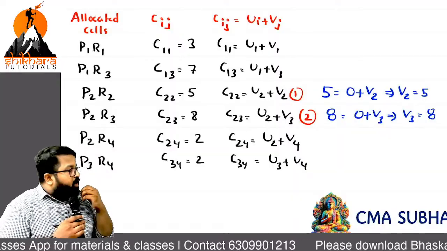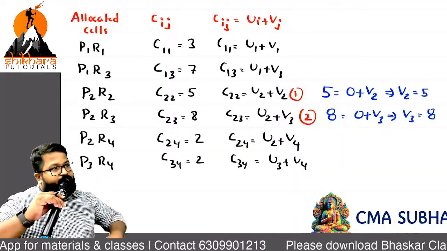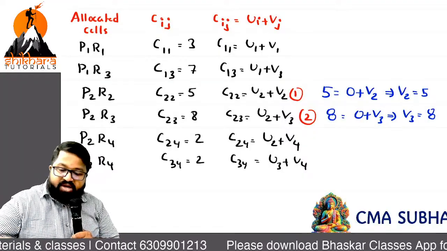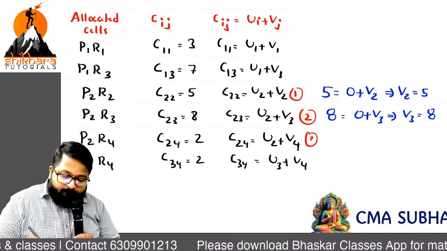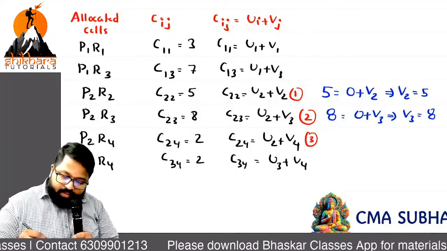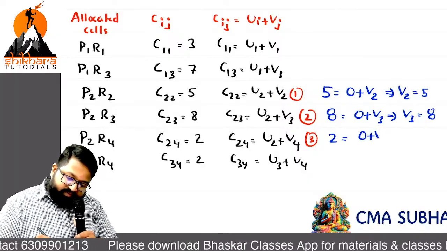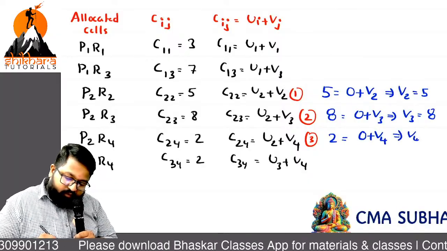How to solve the equations? Is it clear? If it is clear, we can also unlock equation number 3. That is 2 is equal to 0 plus V4. That implies V4 is equal to 2.